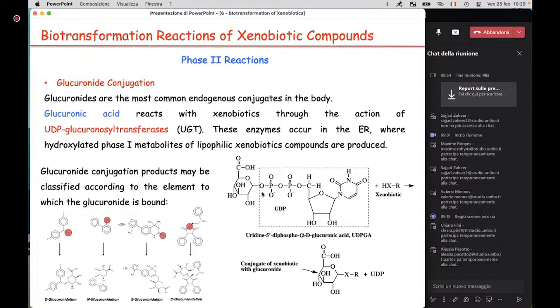So you may imagine that attaching this extremely hydrophilic compound to any molecule will make it really different from the starting molecule, so probably less toxic in itself, and also much more hydrophilic than the starting molecule.